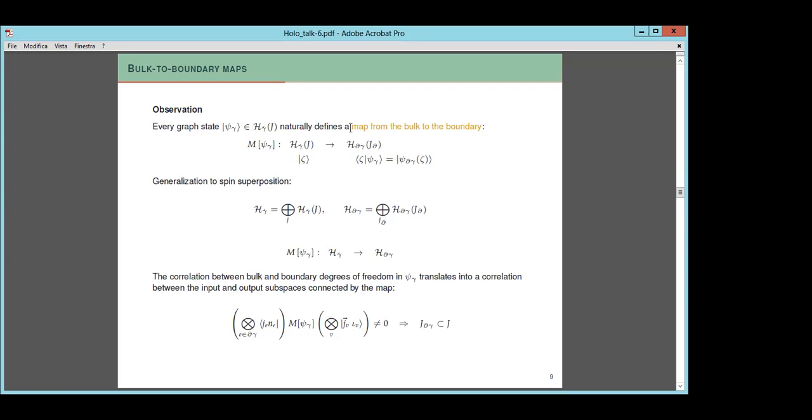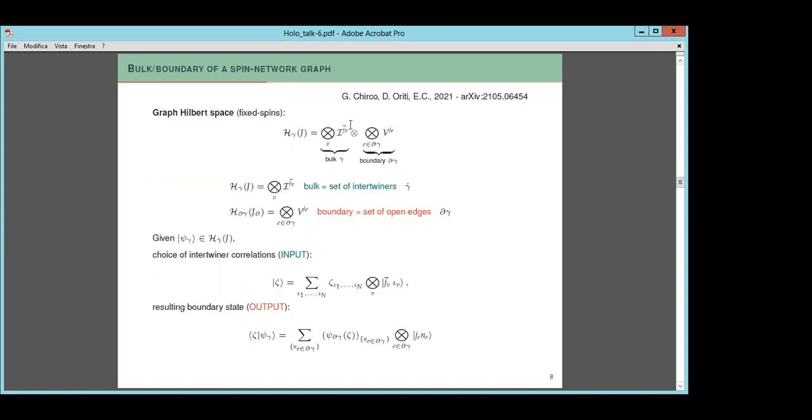So this can be generalized to the case in which we have a spin superposition. Note that in the general case there is no factorization between bulk and boundary degrees of freedom, because the intertwiners are recoupling spins which live on the boundary, which can also live on the boundary.